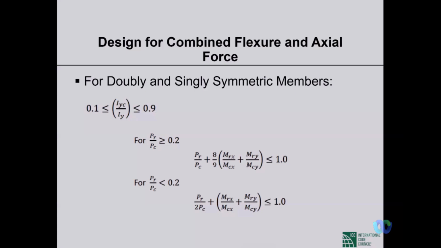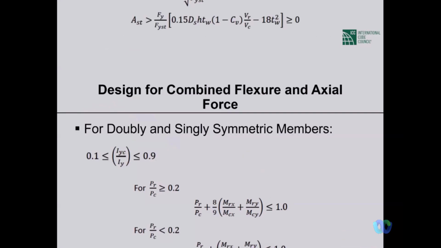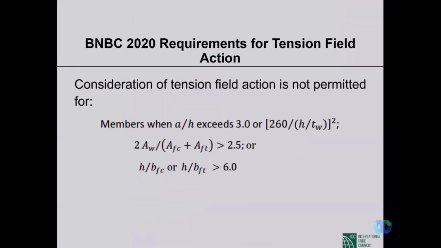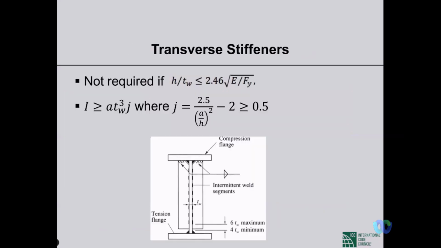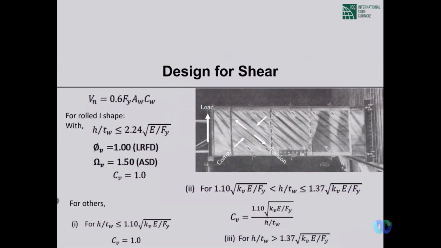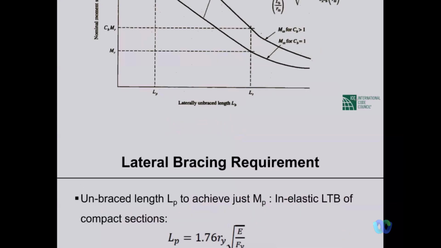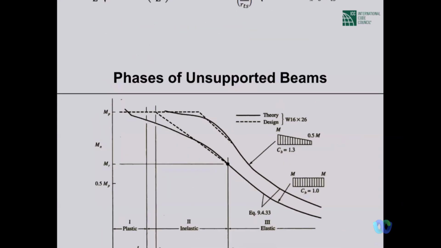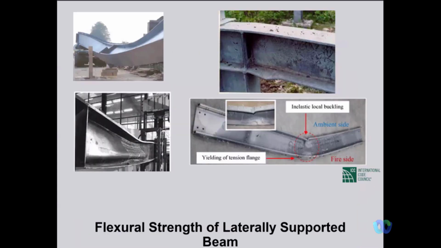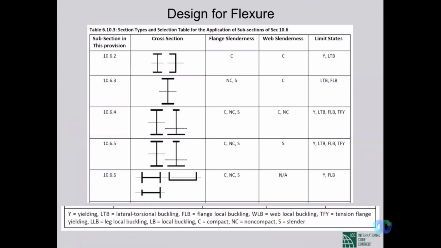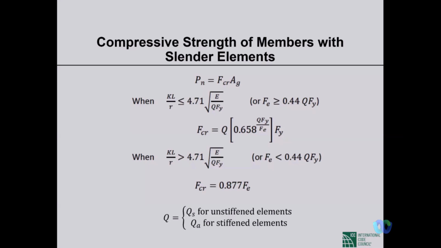Oh, I forgot to tell you that I have skipped some sections in the code which are related to design for flexure. For example, this part. Here, or in design for compression too, I have mentioned only those formulas which are applicable to only, say, doubly symmetric I sections or something like that.